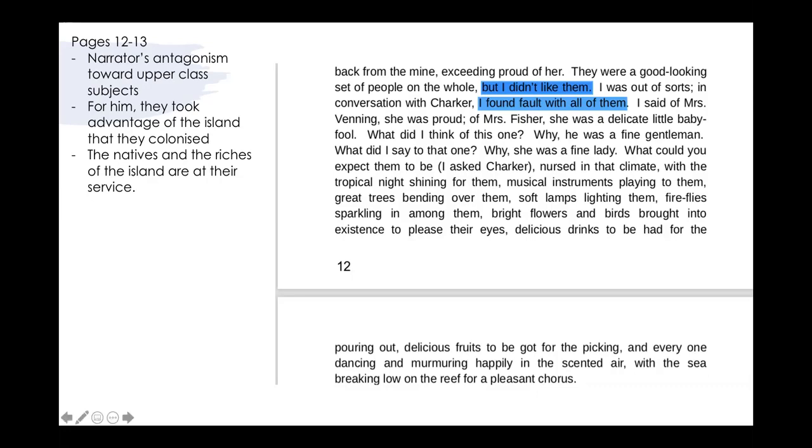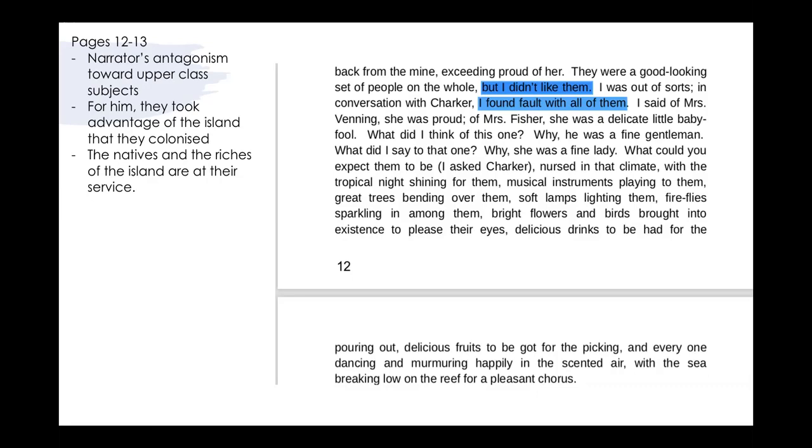On the left, ladies and gentlemen, I just would like to show you some of the points mentioned here that you need to highlight. I'm pointing to the narrator's antagonism toward upper class subjects, and it was shown in the highlighted section in which he said, "But I didn't like them." Then, for him, they took advantage of the island that they colonized.